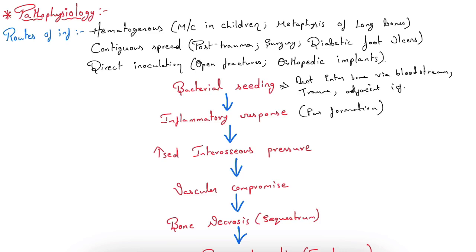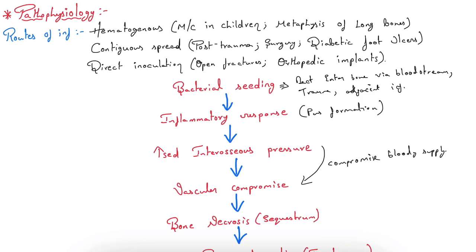This pus will increase the intraosseous pressure. That pus pressure will compromise the blood supply. Whenever our body is not getting blood supply properly, it will cause ischemia.